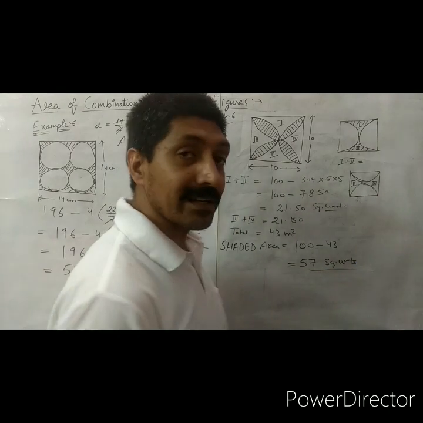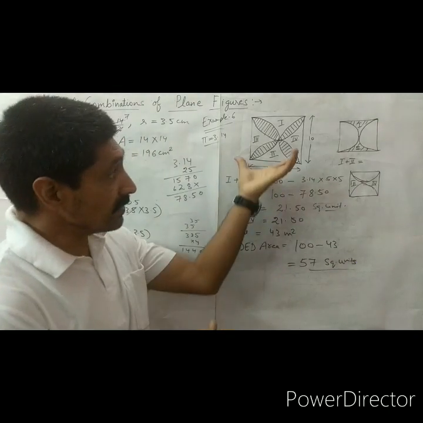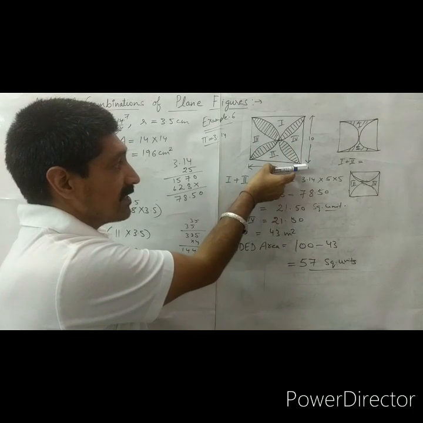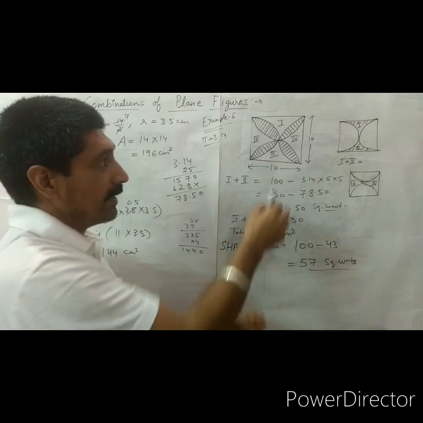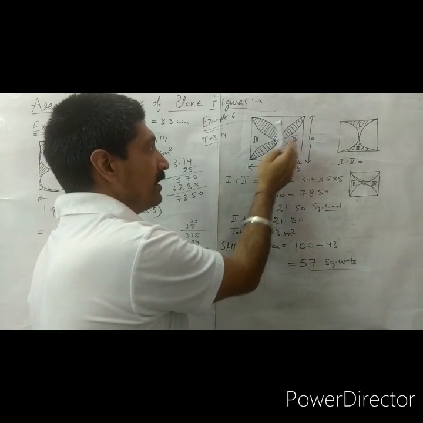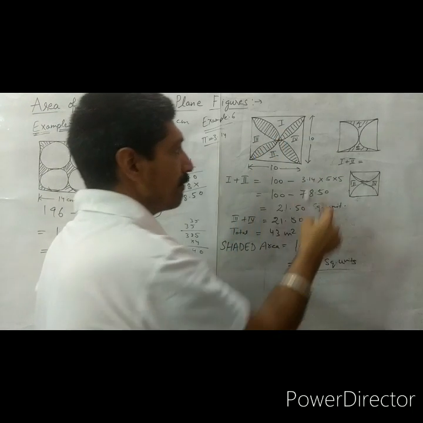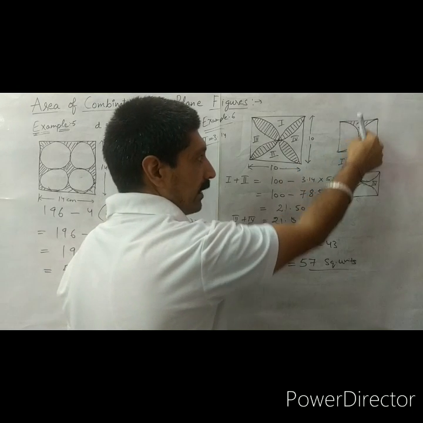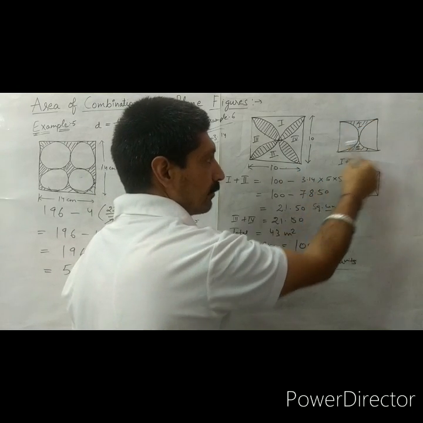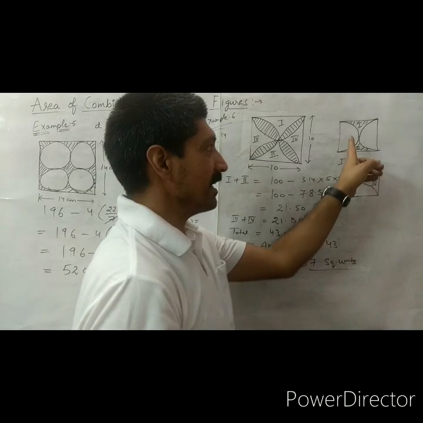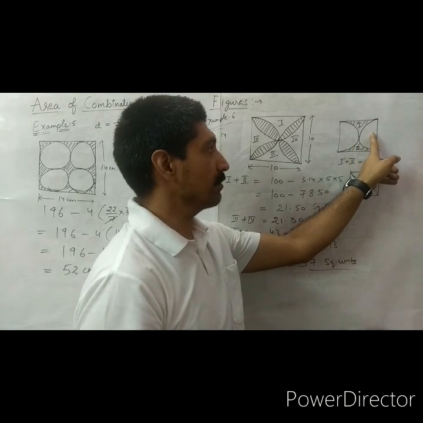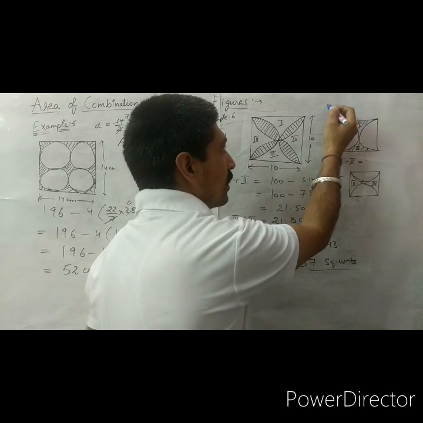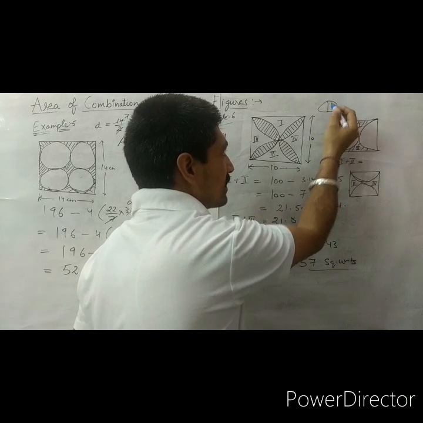Let me recapitulate this question again. Side of the square is 10 units and we want to find this shaded area. So we first find area 1, area 2. Area 1, area 2 is equal to area of the complete square minus area of these two semicircles which are unshaded. If we join both these semicircles, one part is this one and another part is this one.